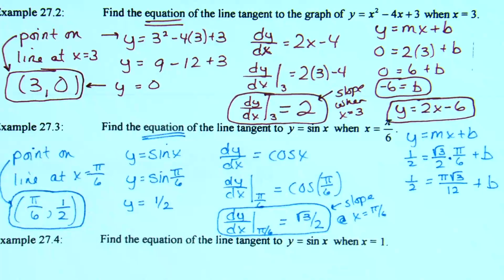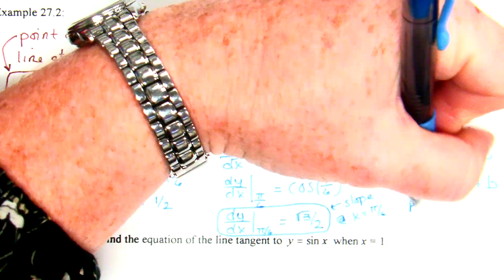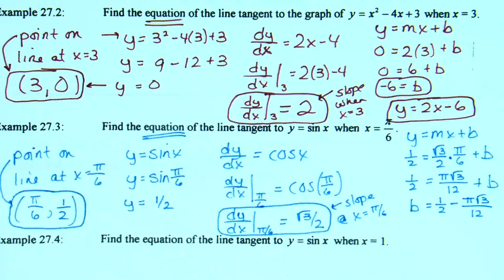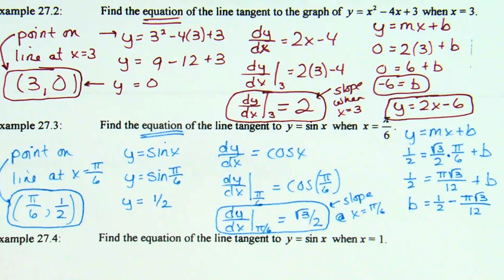How do I solve for b then? Subtract that fraction thing. Yeah. So then b is going to be 1/2 minus pi radical 3 over 12. As far as I'm concerned, you can leave your b like that. That is fine. So, final answer.